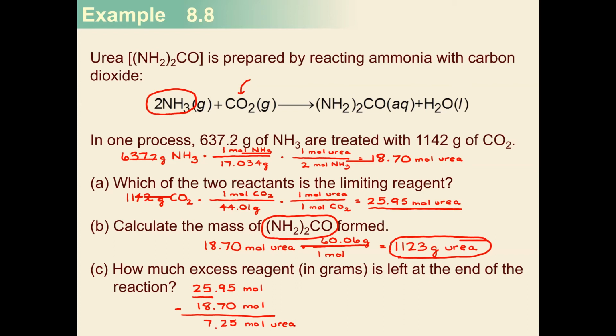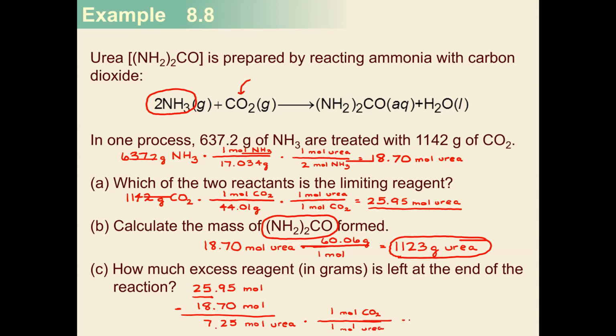So now what we need to do is go backwards and calculate our mass of carbon dioxide. So what we are able to do is use our balanced chemical equation and say we get 1 mole of CO2 for every 1 mole of urea.